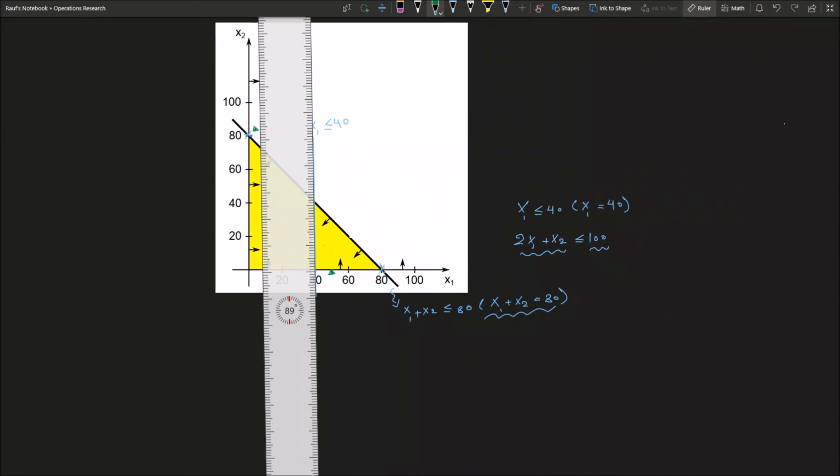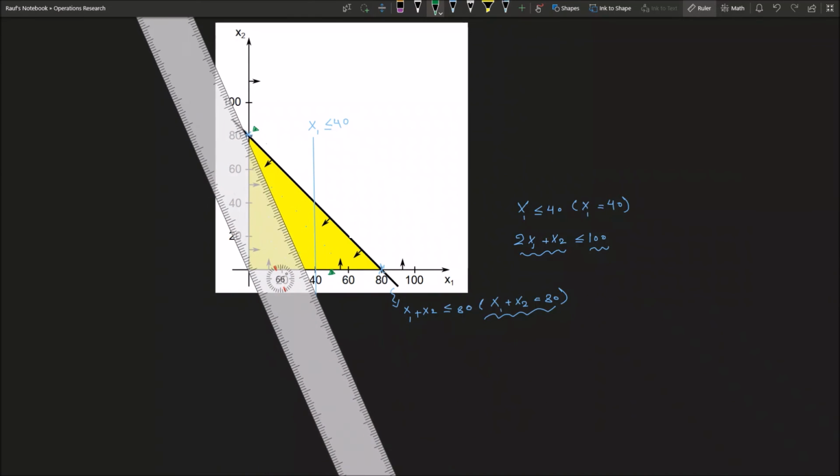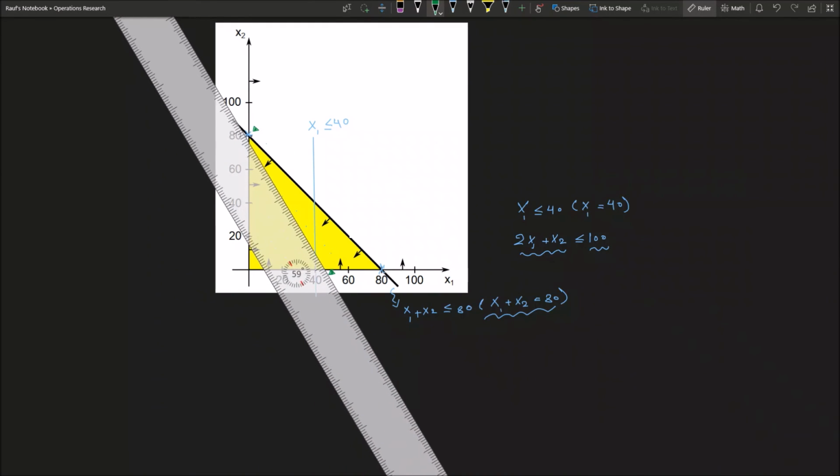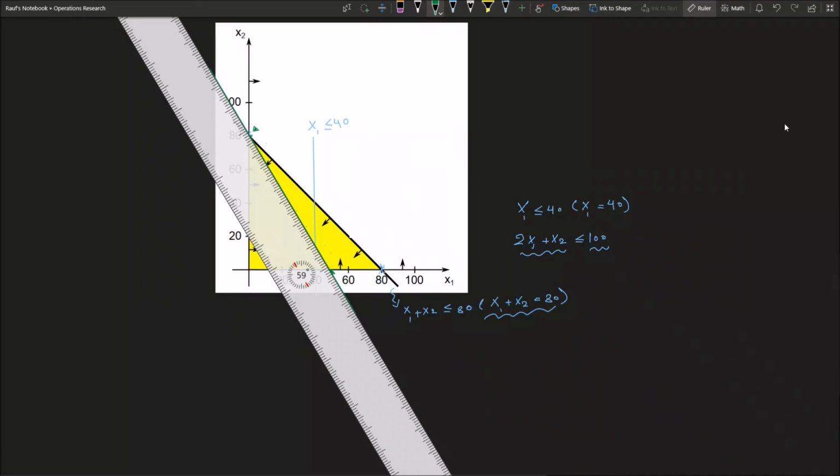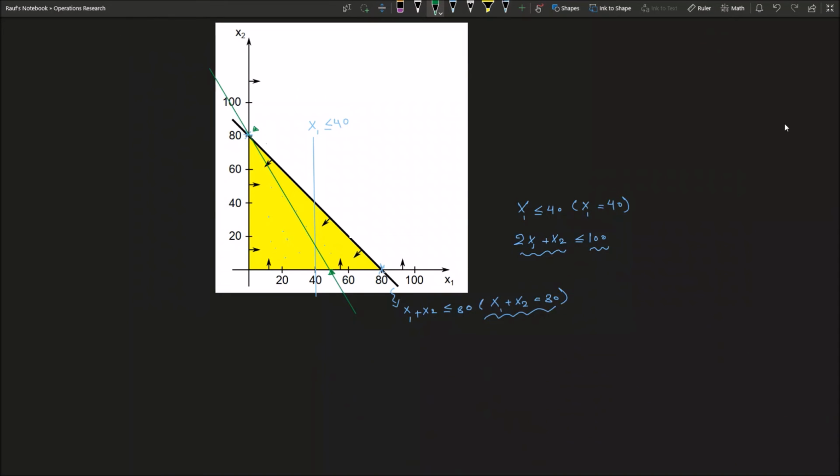Let's use the ruler again and draw a straight line between the 80 and the 50, and that will be our line equation. Okay, all right, that's good. So this line represents 2x1 plus x2 less or equal to 100.